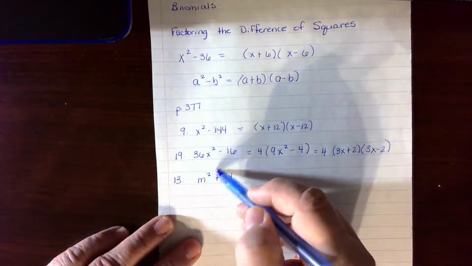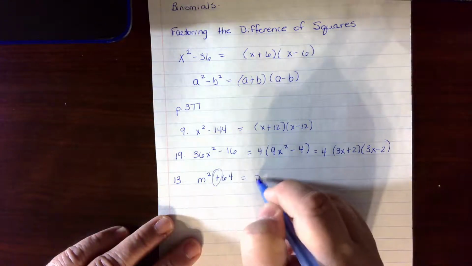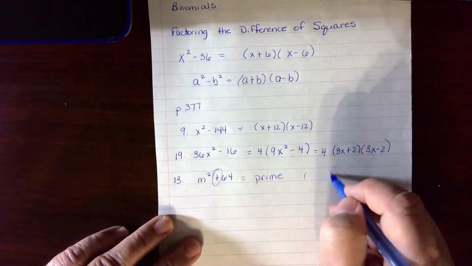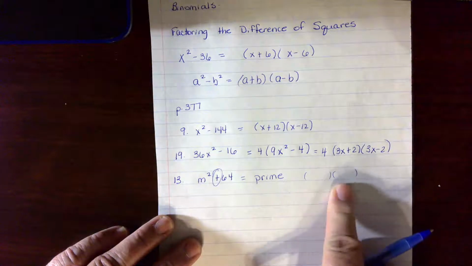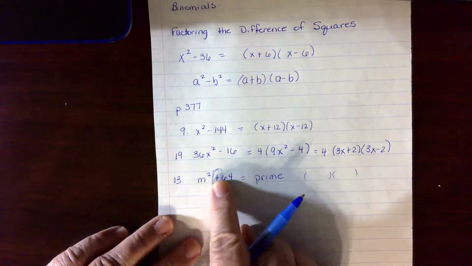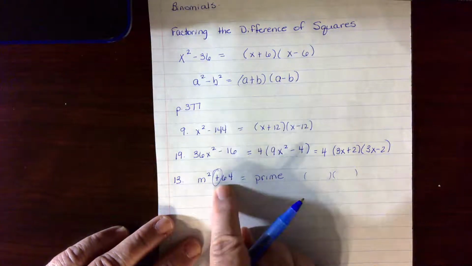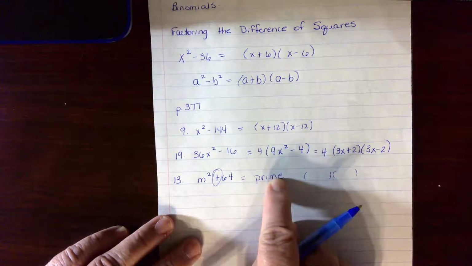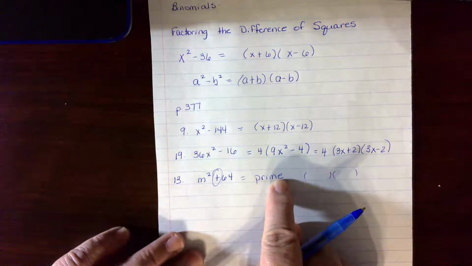When it's a sum, it's prime. It cannot be factored. There's nothing that you could put in these parentheses such that you could multiply them and end up with this. There's no way. It won't work. So if that's a sum, you either write prime or it cannot be factored.